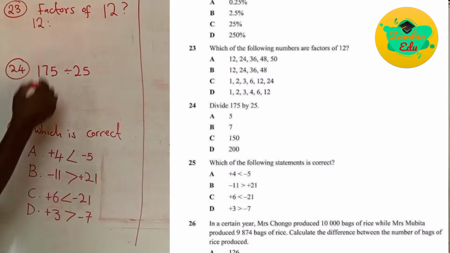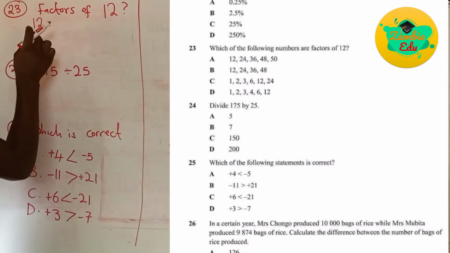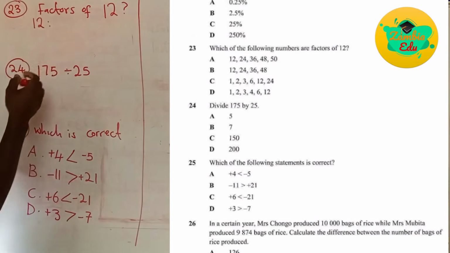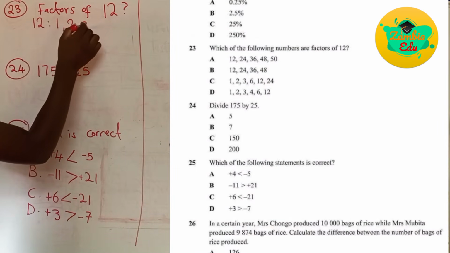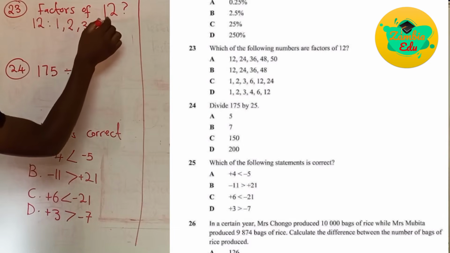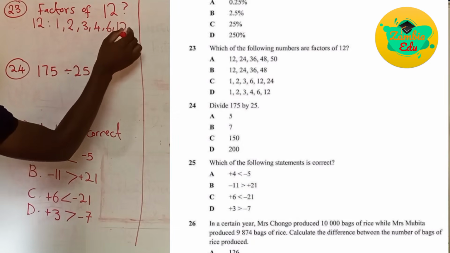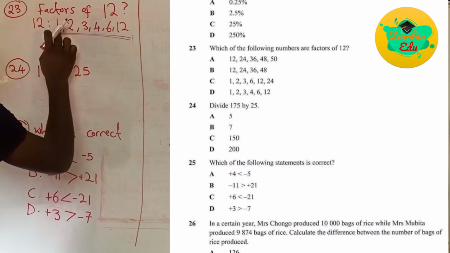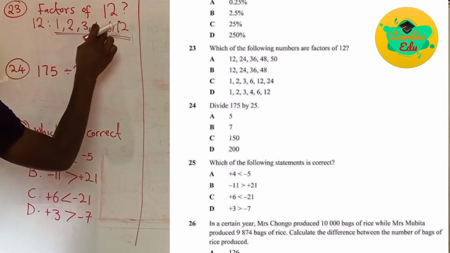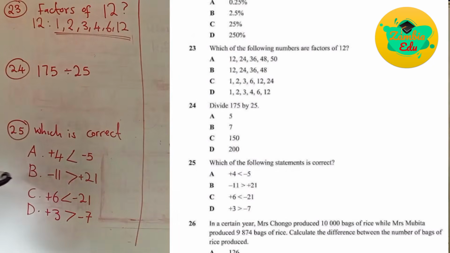So what numbers can go into 12 without leaving a remainder? We have 1, 2, 3, 4, 6, and 12 itself. These are the factors of 12.